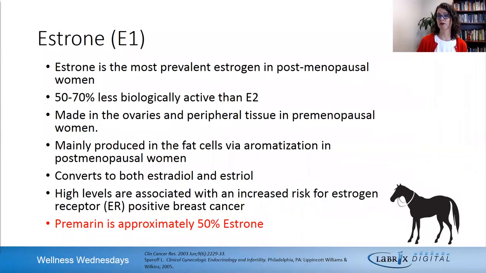It converts to both estradiol and estriol. High levels of E1 are associated with an increased risk for estrogen receptor positive breast cancer. So when we think of E1 or estrone, this is the estrogen that has the most potential for harm. Premarin is approximately 50% estrone.